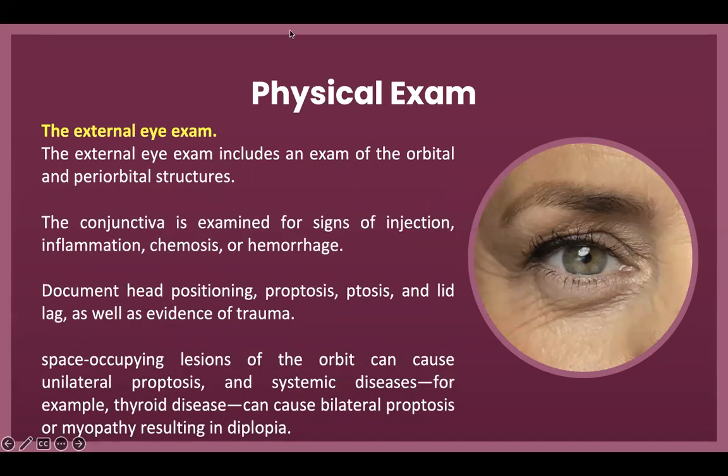In the external eye examination, you should check the orbit, the bare orbit structure, conjunctiva, the positioning, proptosis, ptosis, lid lag, evidence of trauma, and any sign of infection like lid swelling or periorbital swelling, or something like that.